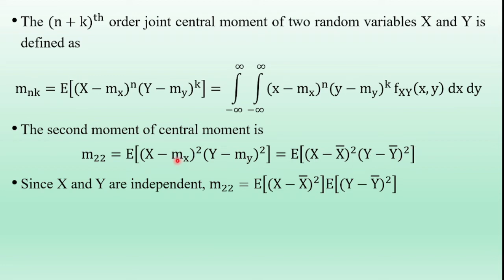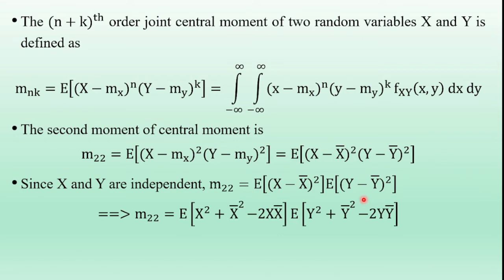So this is also written as the expectation of (x minus x bar) whole square into (y minus y bar) whole square. Since x and y are independent random variables, the expectation is equal to the product of their individual expectations, that is the expectation of (x minus x bar) whole square into the expectation of (y minus y bar) whole square.